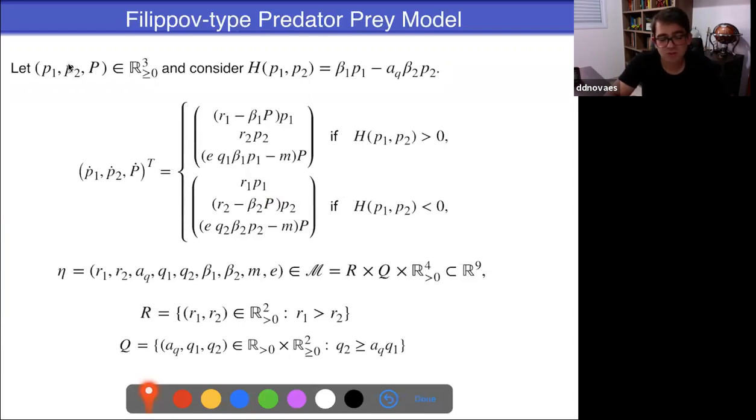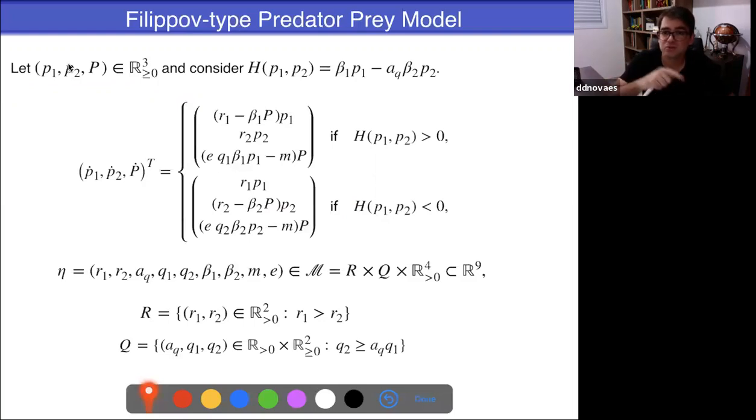In this situation, the predator eats only the prey P2. And the same thing happens: the species P1 increases, the species P2 decreases, and again this function changes its sign.